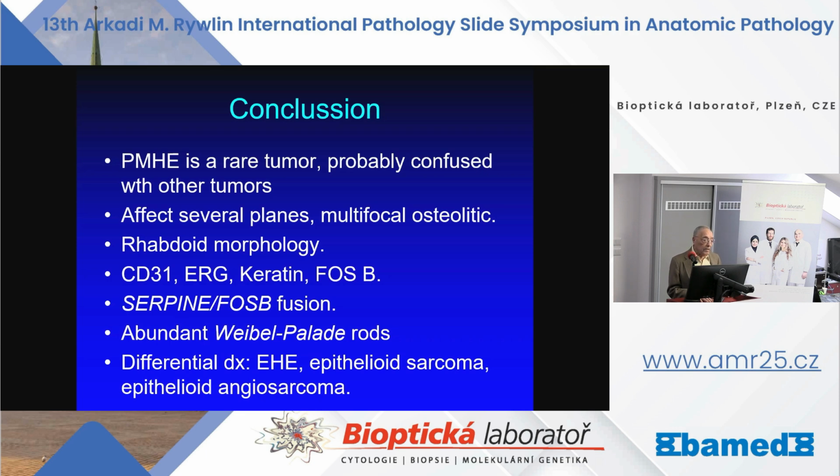The morphology resembles rhabdoid tumors. Has endothelial markers and characteristic FOSB, which can be done by immunohistochemistry or molecular studies.